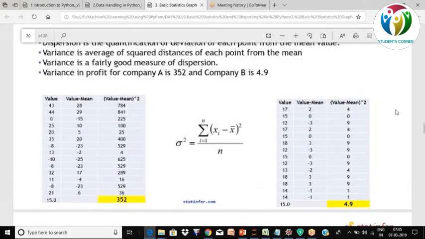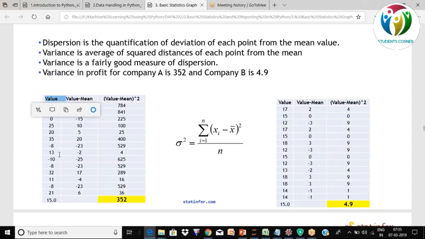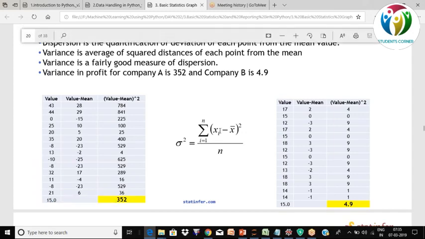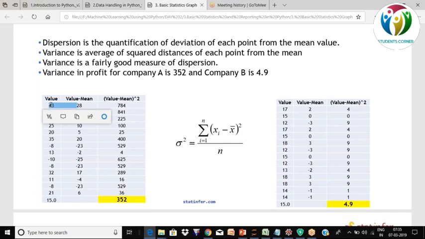This is the formula in the math you have seen: x of i minus x bar. X bar is the mean, which is 15. So x of i, that means first x of 1, 43, minus x bar, which is 15.